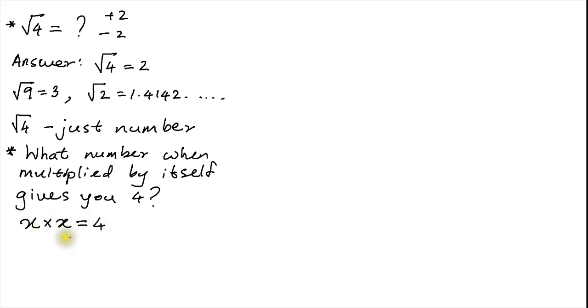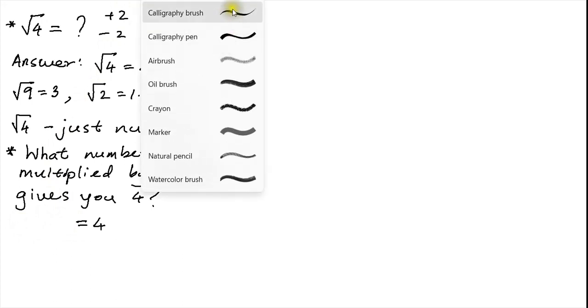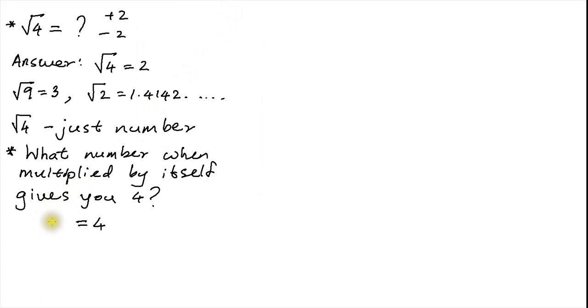This is just multiplication, not another x. It's just x multiplied by x. Let me write this in a different way: x squared equals 4.